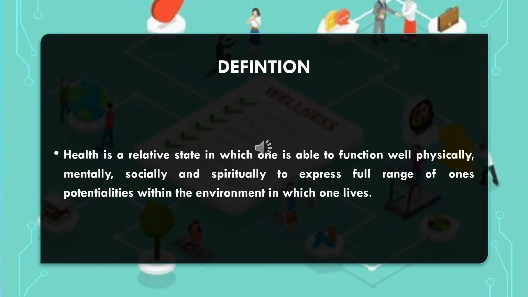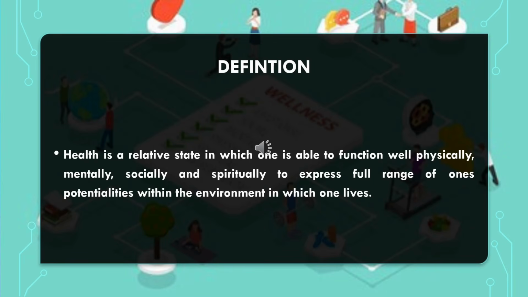There is another definition also stated. It is a relative state in which one is able to function well physically, mentally, socially, as well as spiritually, to express the full range of one's unique potentialities within the environment in which one lives. It means the environment in which a person is living.